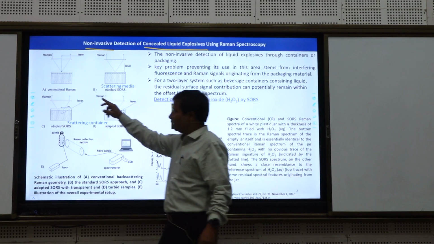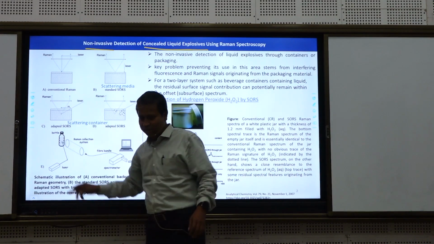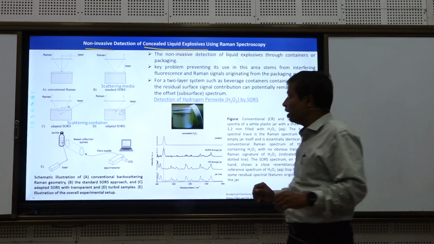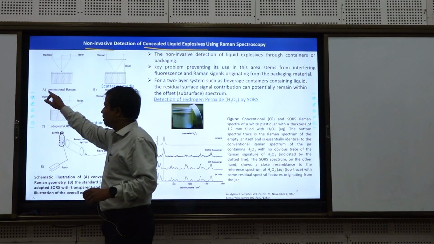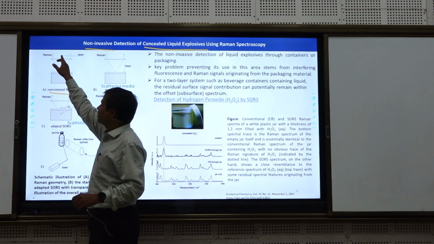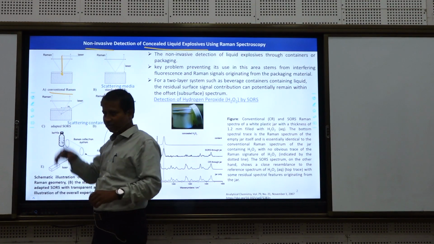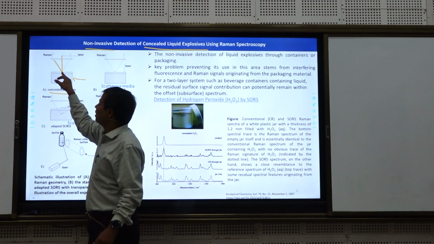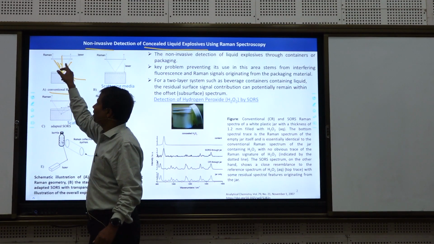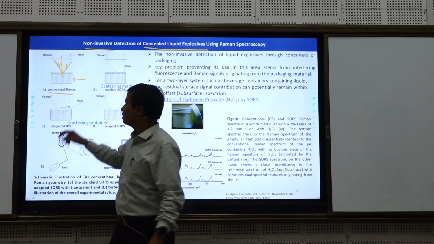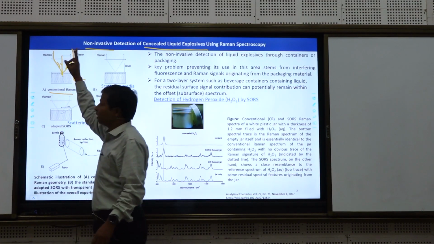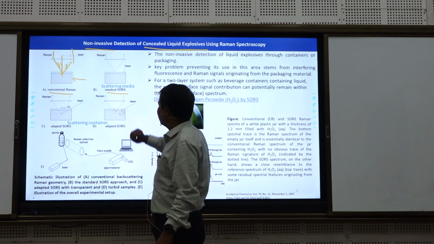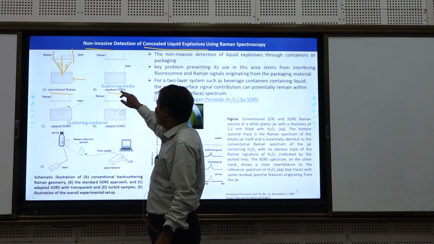Here they have developed a technique which is not the straightforward Raman spectroscopic technique that we use. The conventional technique is that we excite the sample and then we take the scattered radiation back with the objective. This is a surface offset technique.